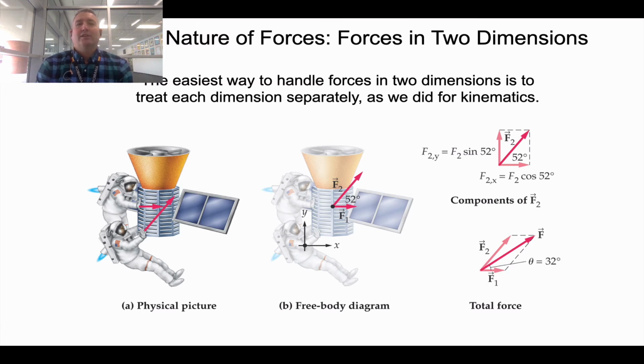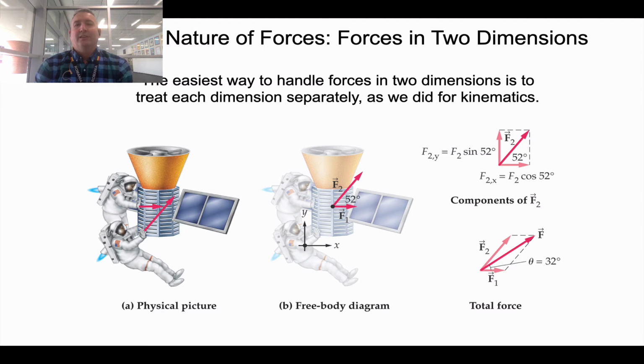So if we look at this satellite that these 2 astronauts are placing, one is pushing fully to the right and one is pushing with more force up and to the right at a 52-degree angle. So our free body diagram shows the forces acting on those. We're going to take those forces and the components of those forces and add them together to get the total force.